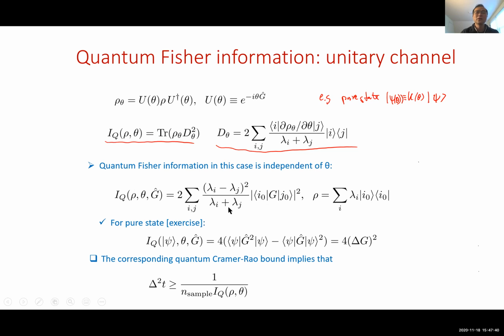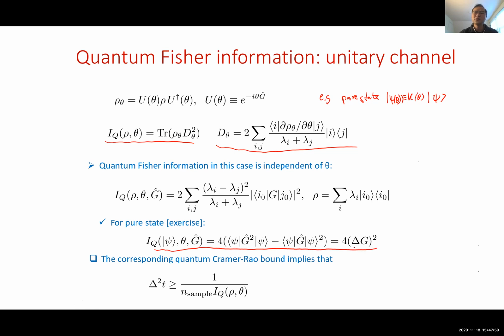I will not go into the detail of this. It's actually on the next page. This is general for mixed states, but for pure states I will pose it as an exercise, since the expression looks much simpler.